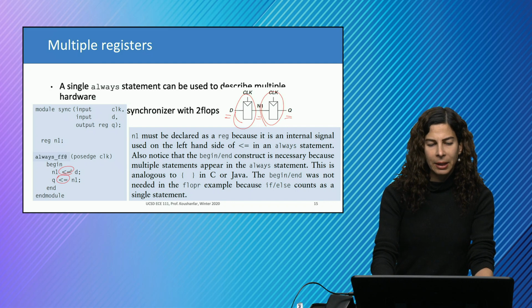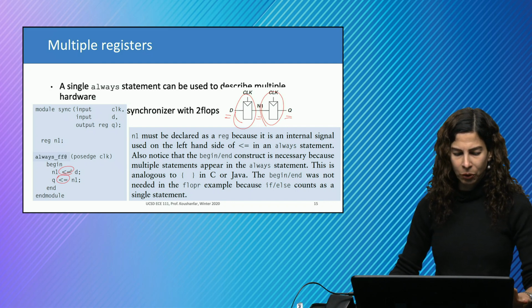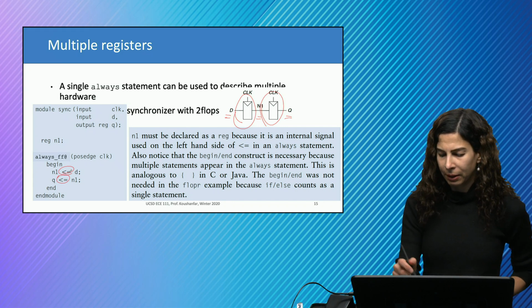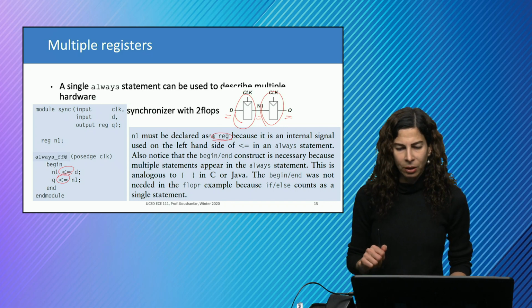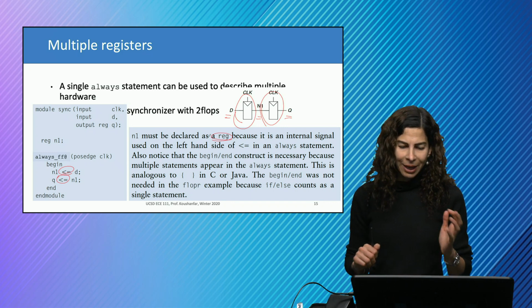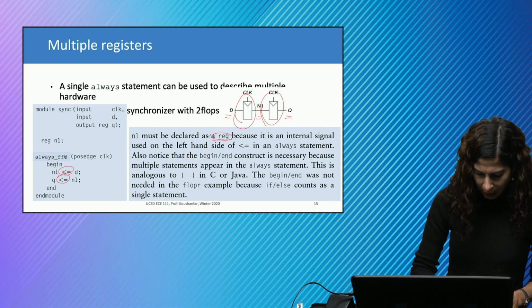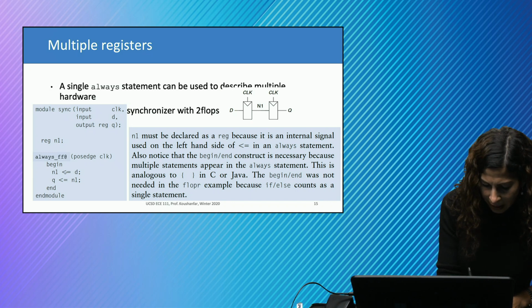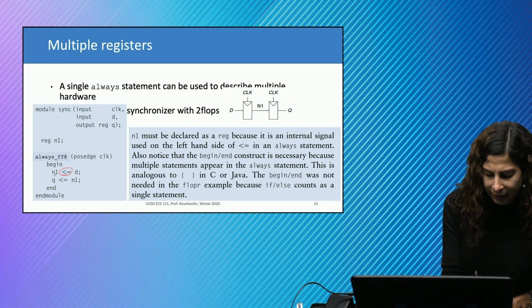One thing you need to make sure of is that the output of the flip-flop needs to be declared as a register, because it's an internal signal used on the left-hand side of this assignment. So if I have a gets sign, then this value should be a register.